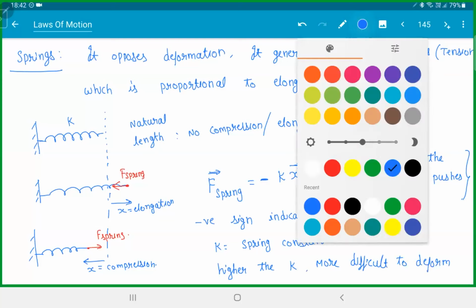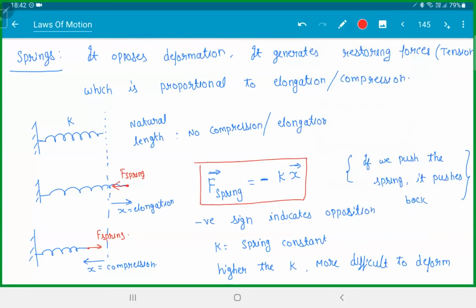So a spring with a higher k is more difficult to compress or elongate. It requires more force. Have a look at this. Clear? Any doubts?